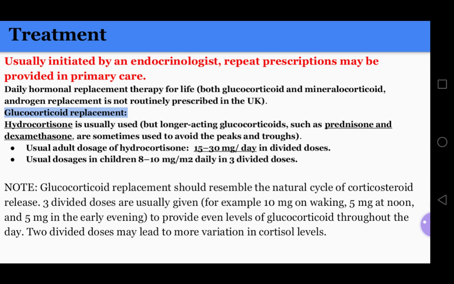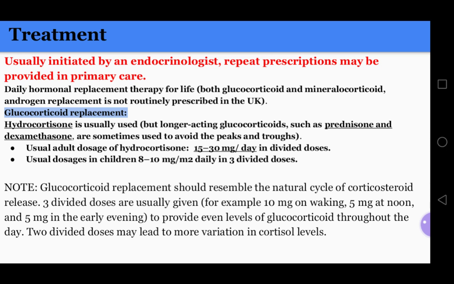Usual adult dose of hydrocortisone is 15 to 30 mg per day in divided doses, and usual dosage in children is 8 to 10 mg per meter square daily in 3 divided doses. Important is that glucocorticoid replacement should resemble the natural cycle of corticosteroid release.